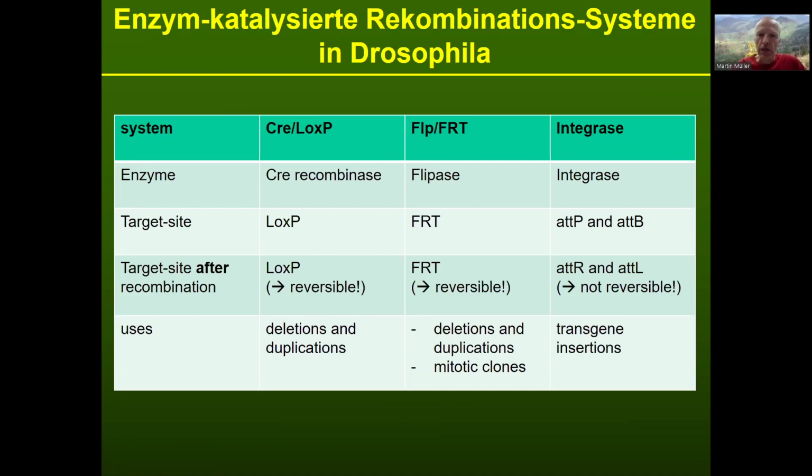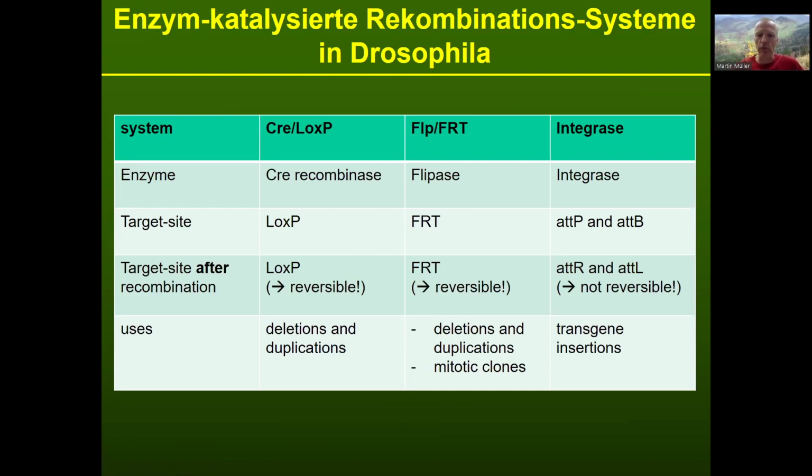In the fly field, we will much more frequently use the Flipase FRT recombination system. The enzyme analogous to Cre is called Flipase. The target site on the genome is called FRT, Flipase recognition target. And as with LoxP, the FRT remains an FRT once you have done a recombination event.